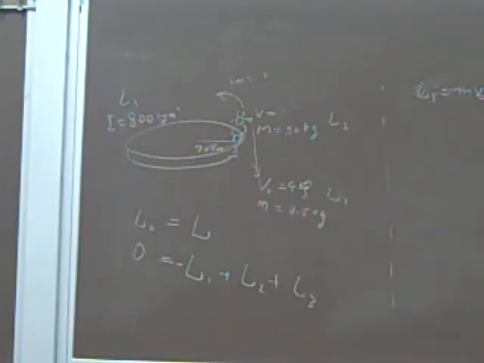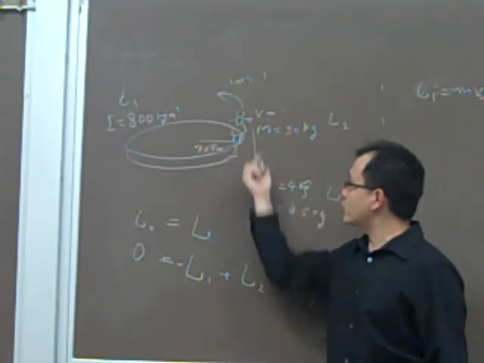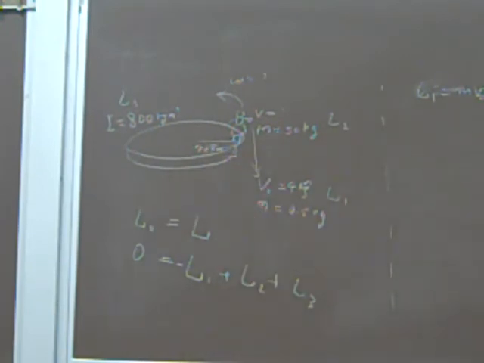Any question here? Because it's in the tangential direction, it's perpendicular to r. In this case, r is the same as r perpendicular.